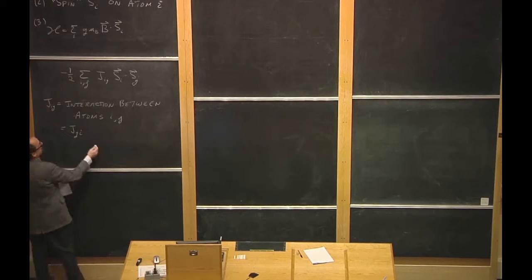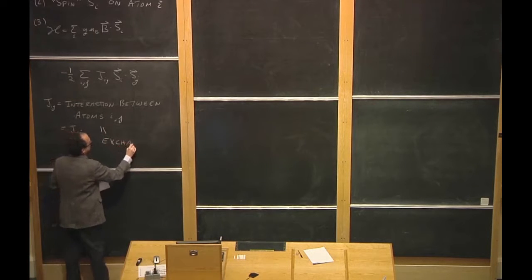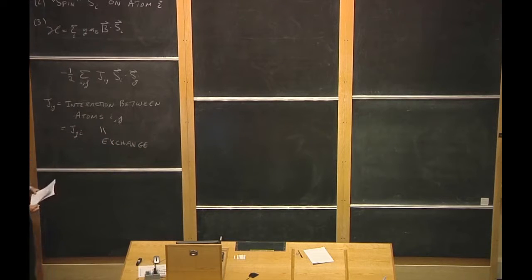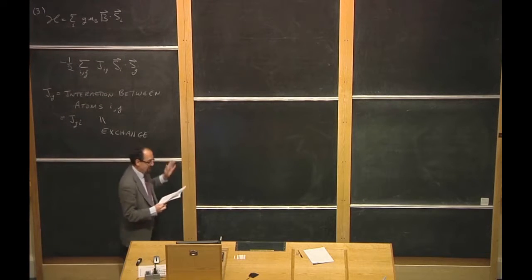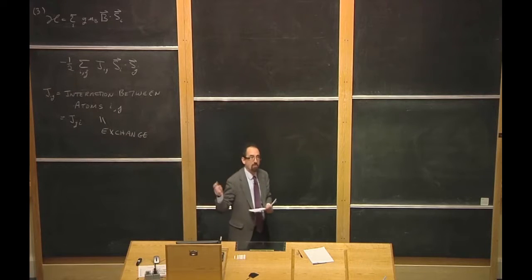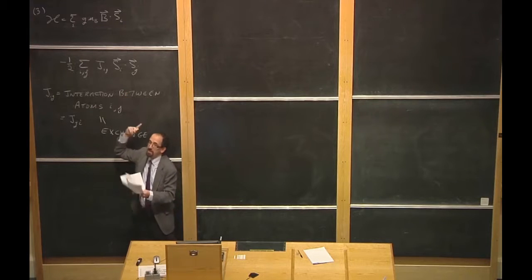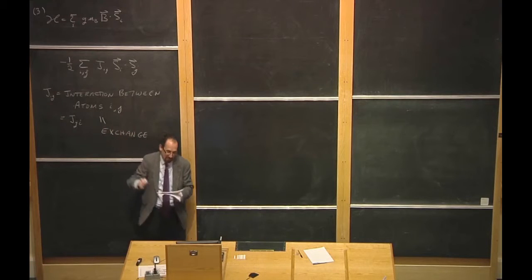This is also known as the exchange constant. This is how the word exchange is used in condensed matter physics most of the time. The factor of 1/2 is put in there to prevent overcounting. We want J_12 to be the interaction between atoms 1 and 2. But in that sum, there will be a term S_1 dot S_2 and another term which is S_2 dot S_1. We don't want to overcount them, so we just put a 1/2 out front.